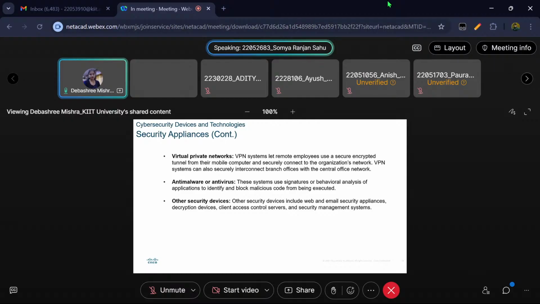In that one come the websites or browsers that you are using, the email security applications, the devices that get decrypted, and the client access controls, meaning other devices other than your router, switch, VPN, or antivirus. This is what is known as security management systems.